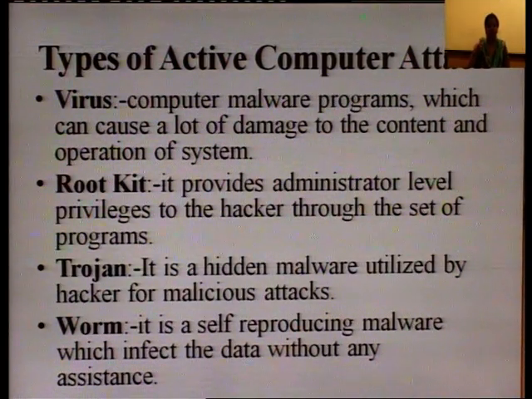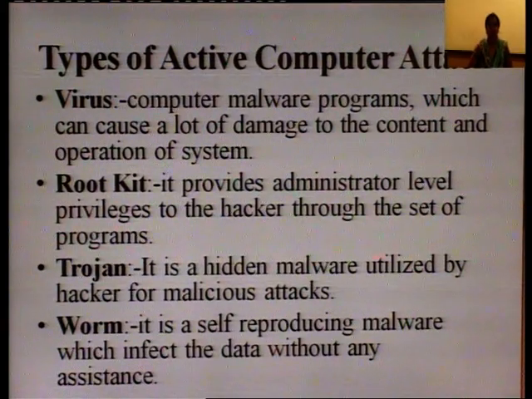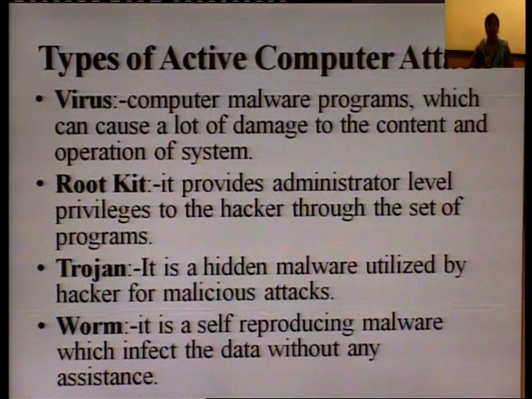As we all are aware, the root directory is the main directory which provides the privileges to all other directories, such as who can read the data, who can write the data, who can only read the data and who can also update the data. So this virus affects the administrative level privileges and causes more damage to your system.